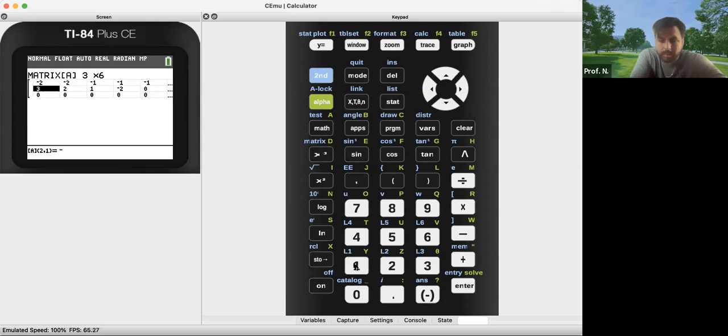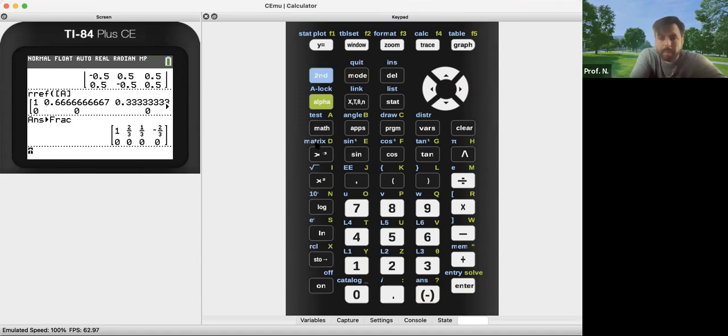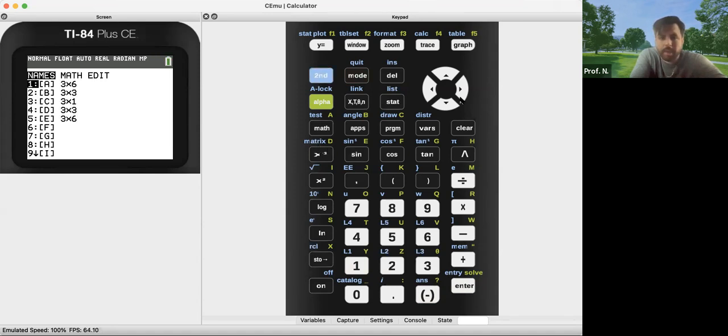Another -1. -2, 1, -1, -2, 1, 1, 1, 0, 1, 1. Okay. Then we do row reduced echelon form of that.